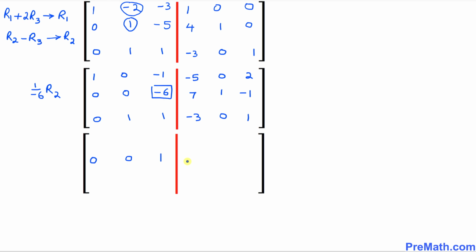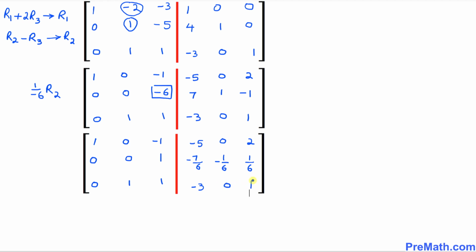On this side, the second row is going to become 7 over negative 6, which is negative 7 over 6, negative 1 over 6, and negative 1 over negative 6 becomes positive 1 over 6. Row 1 is going to stay the same, 0, 1, negative 5, 0, 2, and similarly 0, 1, 1 stays the same in row 3, and on this side negative 3, 0, 1.